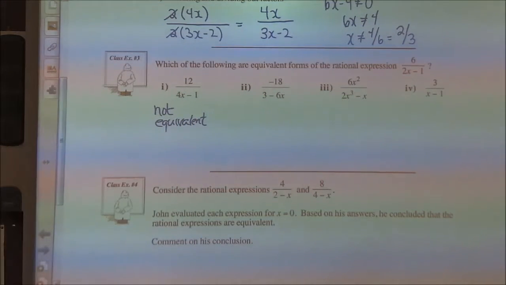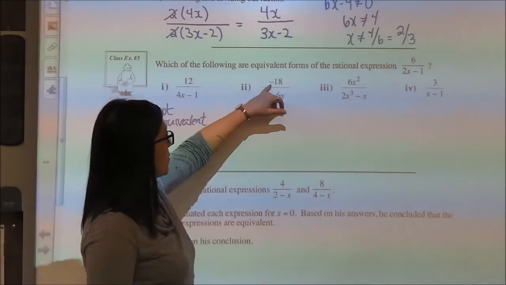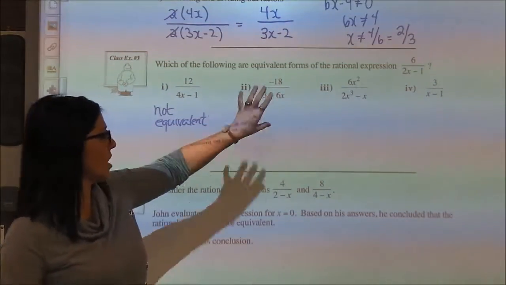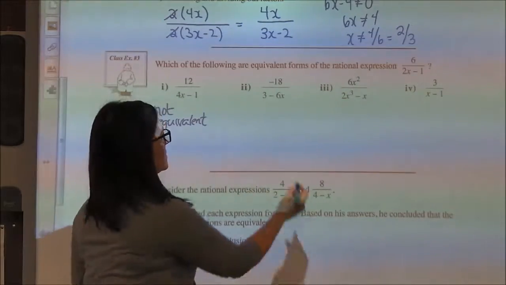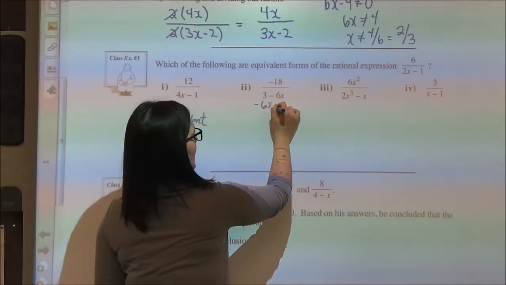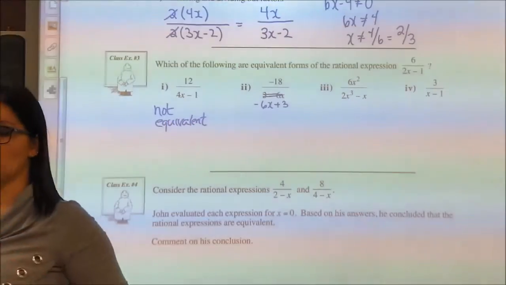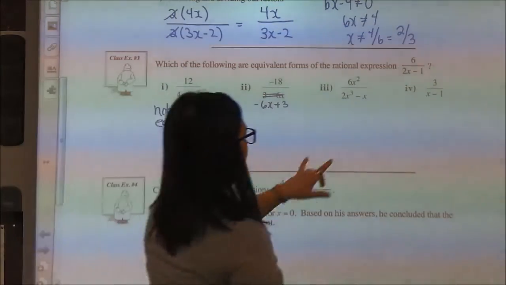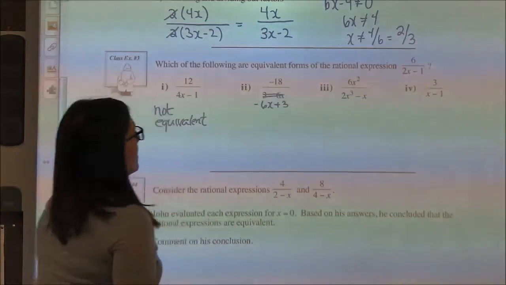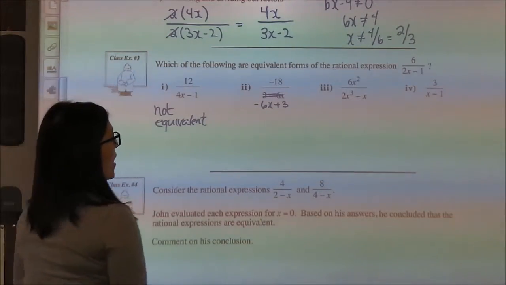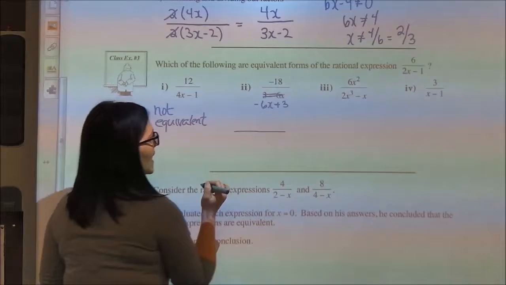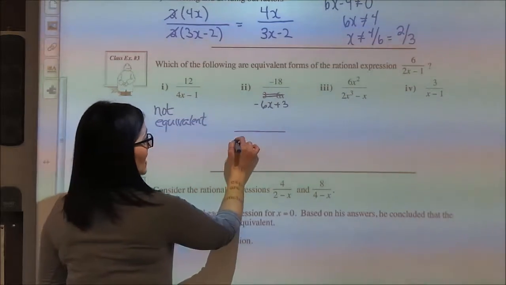Okay. If I look at 2, if you notice the bottom, first of all, it's written backwards. So I'm just going to rewrite it as negative 6x plus 3. All I did was switch the terms around so that it matches up with these terms. Now if I look at the bottom, I can take out a negative 3.